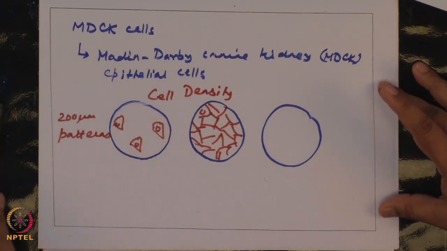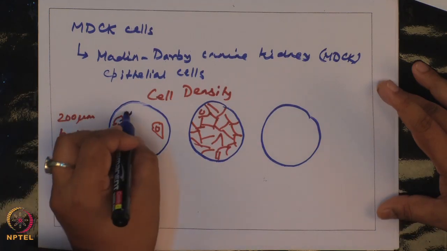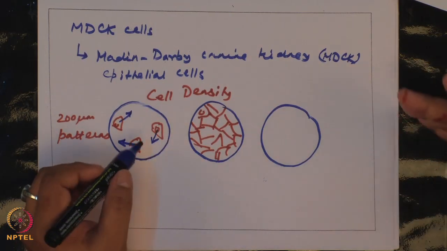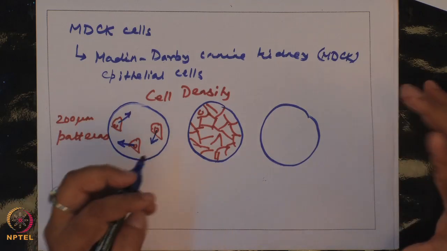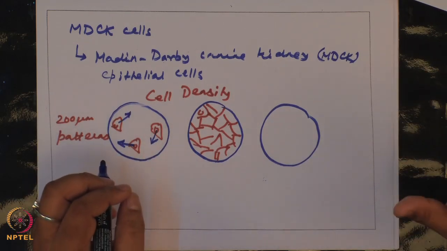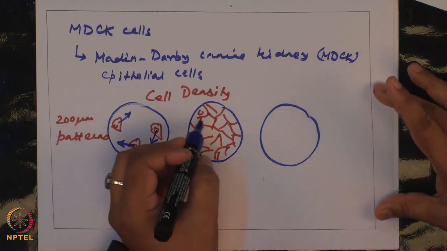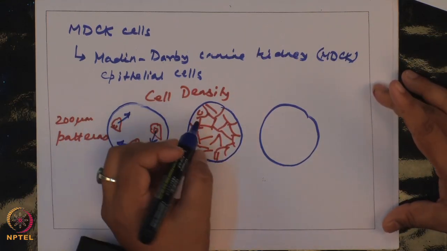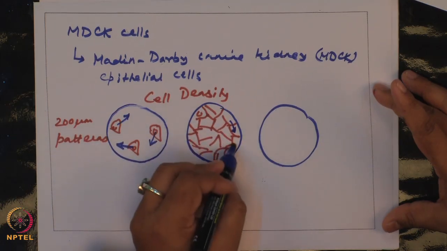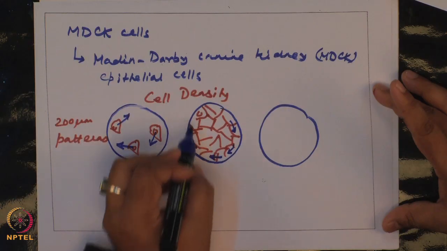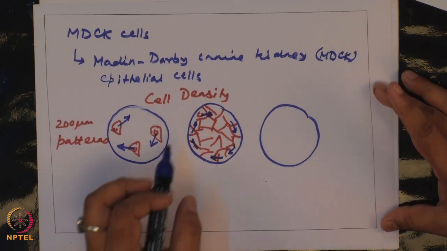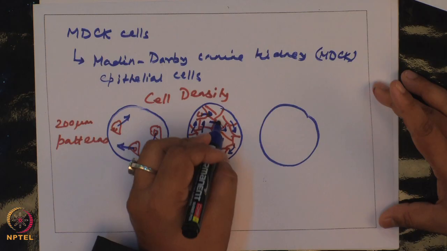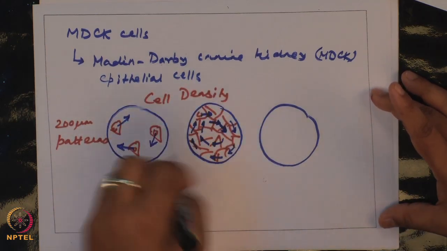and you ask what is the average nature of migration exhibited by these cells on these patterns. What you see is once you reach confluency, these cells exhibit what is called CAM, and that means that they migrate in a tangential direction in the pattern.